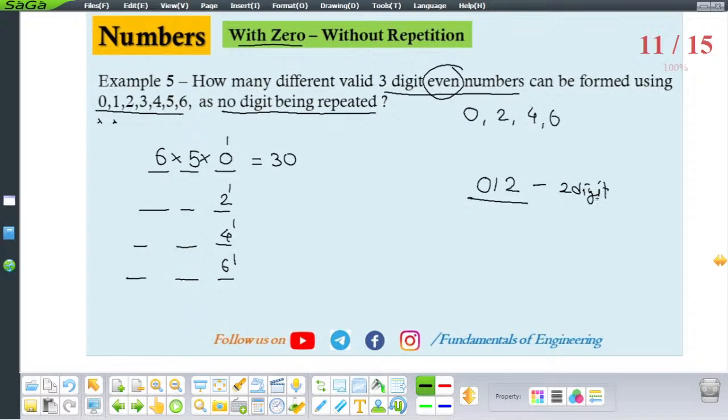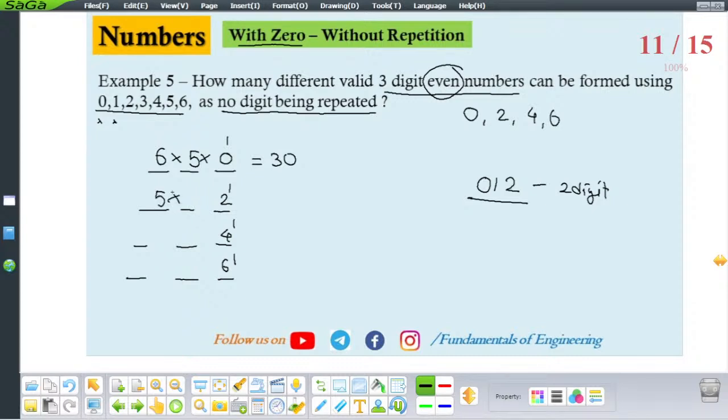So 0 cannot be at the first place. We have written 2 here, and 0 we can't write at the first place.